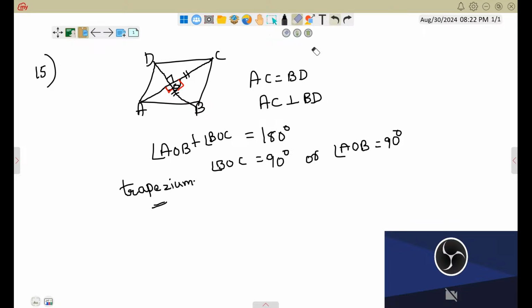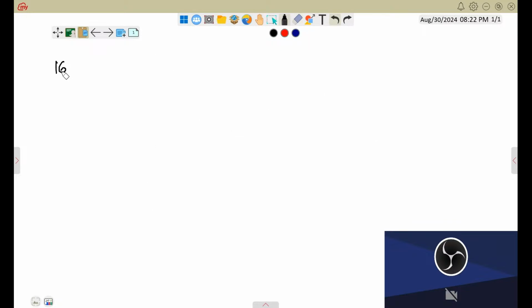Right, coming to the next problem. 16th one. A diagonal of a rectangle is inclined to one side of the rectangle at 25 degrees. The acute angle between the diagonals is, see, here the question is a diagonal of a rectangle. First you take a rectangle. This is the diagonal of a rectangle.